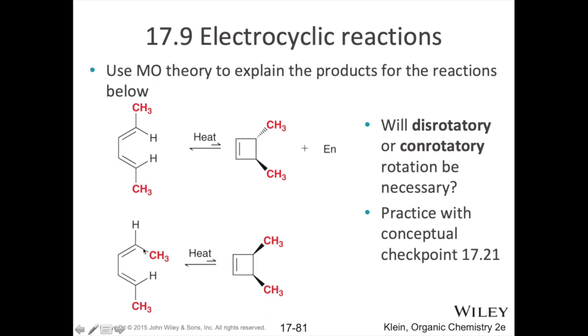So it's a conrotatory rotation. Now, look at the orientation on these two methyl groups. This methyl group is pointing downwards as opposed to this one that's pointing upwards. Okay? So, in order for it to wind up pointing towards us here, it still wants to rotate clockwise, right? It's going to start moving from here upwards towards us. It's kind of hard to explain this verbally and not do this with a 3D model.